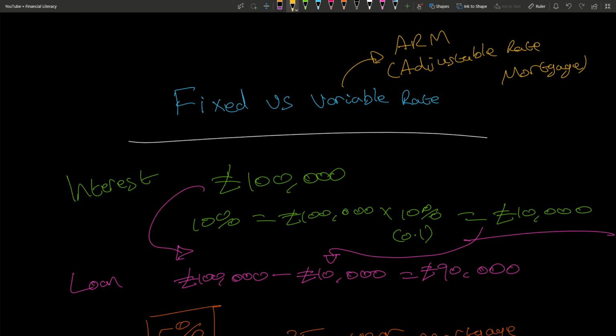So if you ever come across a 5% ARM in the context of a mortgage, it is a variable rate mortgage. If you come across a mortgage that says it's an ARM mortgage, that means it's adjustable rate, and that just means it's variable.